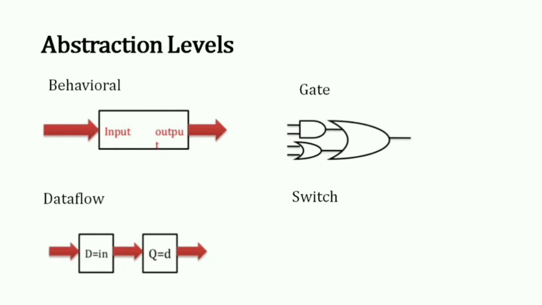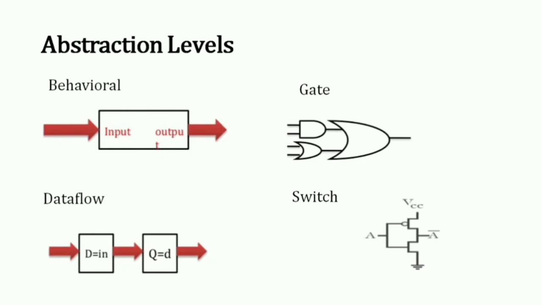Next is switch level. In switch level, we design in terms of transistors. A transistor here acts like a switch. The switch level circuit shown here on the screen is for a NOT gate. Here we have two switches, PMOS and NMOS, which are interconnected. The gates of both PMOS and NMOS are connected to the input.